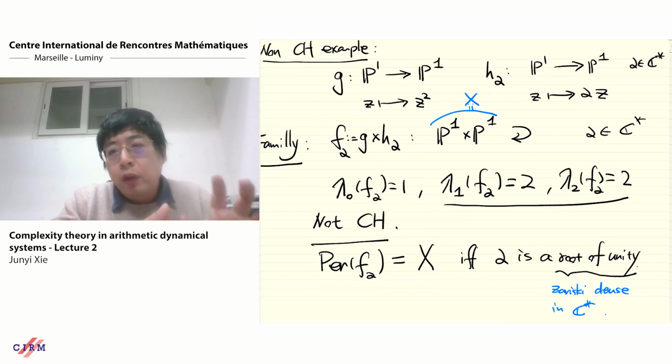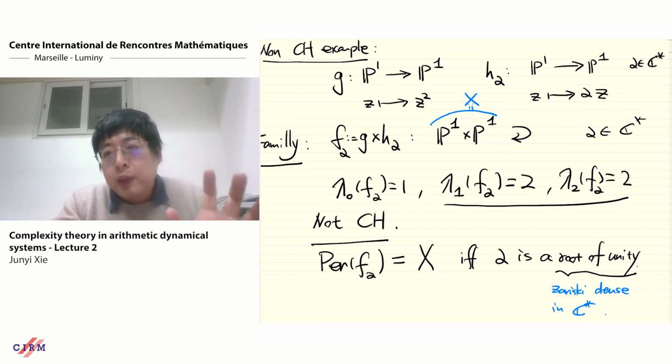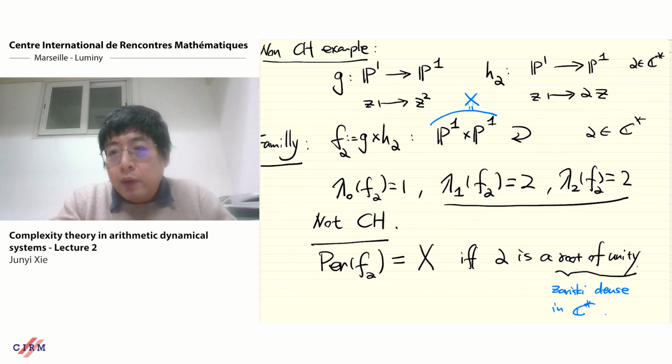But non-hyperbolic things should be not that stable. So this problem, the Zariski density of periodic points, is quite sensitive for non-cohomologically hyperbolic maps.